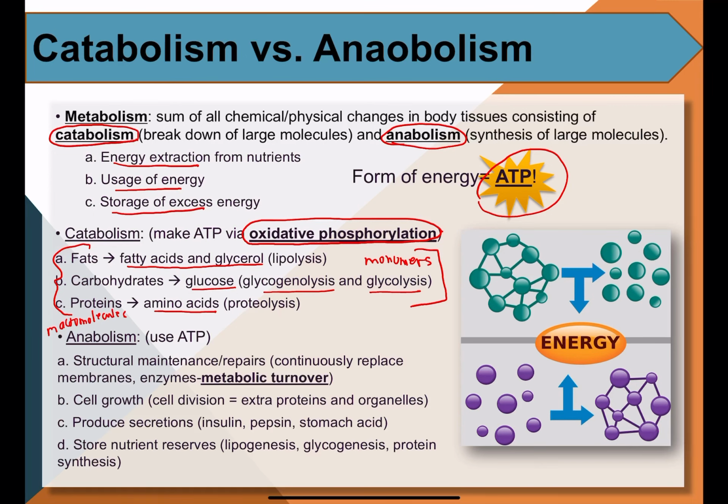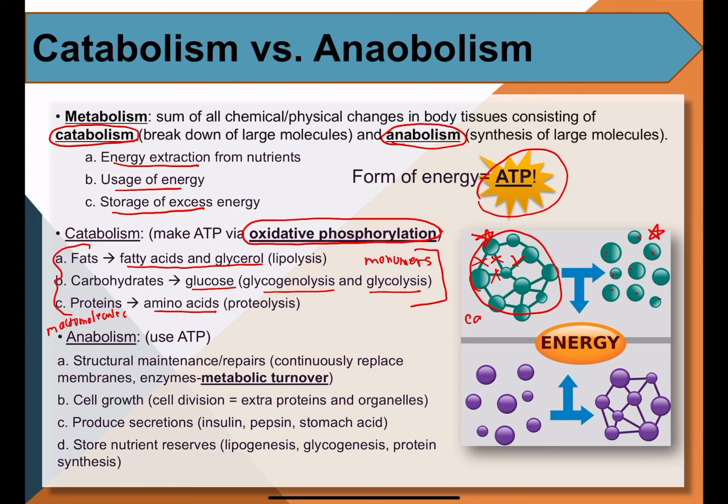So for anabolism, we're making bigger molecules from smaller individual monomers. The diagram here gives you a good hint of what is catabolism versus anabolism. This is going from a bigger molecule into smaller individual ones, breaking these bonds right here, breaking all of them apart.